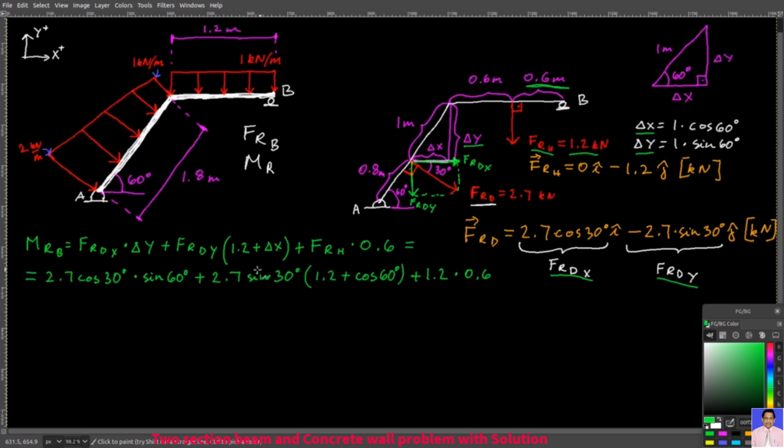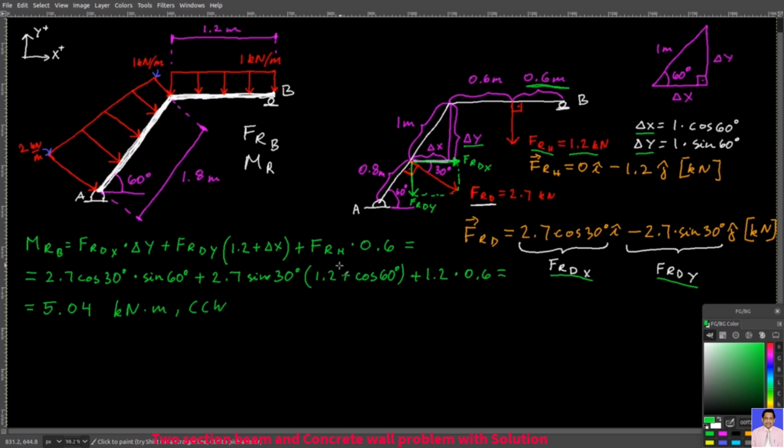They are all positive because they are all counterclockwise moments. And so in the end you will have 5.04 kilonewton meters counterclockwise. As you can see, even though some of your force components are negative, like this FRDY or FRH, they all produce a counterclockwise moment about point B.